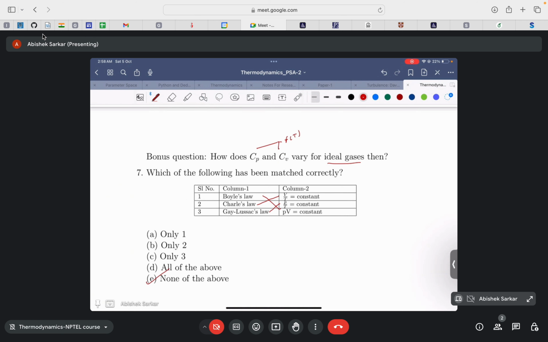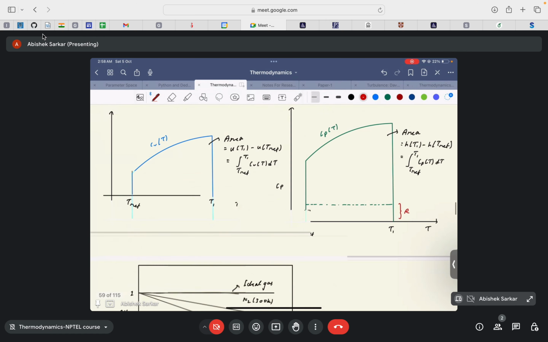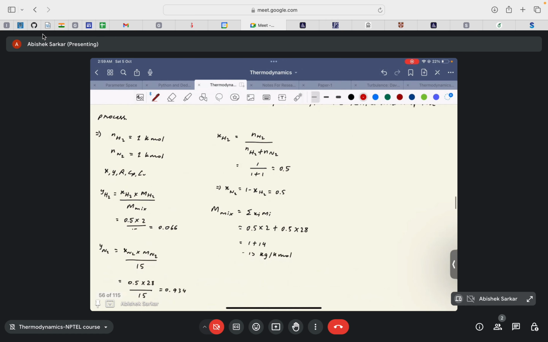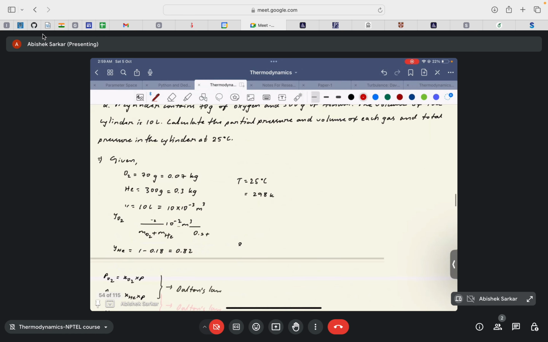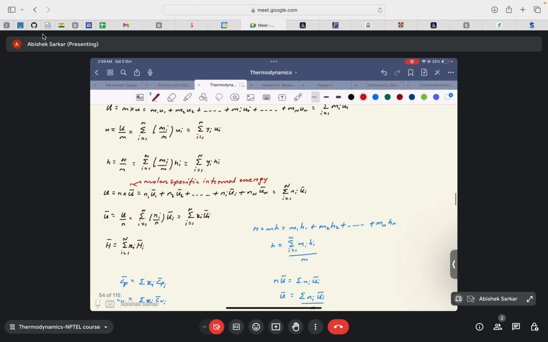You'll see that eventually every type of problem will need certain mathematical manipulation that you yourself need to come up with. So the best thing you can do beforehand to tackle such scenarios is to be well versed with these fundamental equations. If I go back here, the ideal thing for you to do right now is to be well versed with this set of equations that we discussed in the beginning part of today's session.